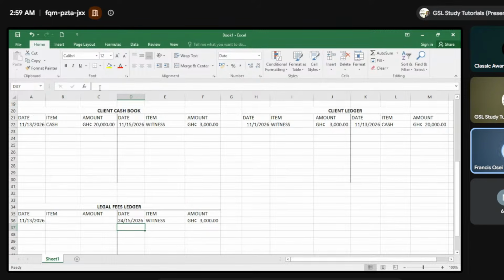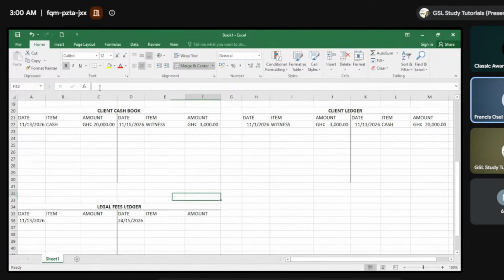Is that correct? Yes. So if we are paying 3,000 from Madam Fati's account, we are going to debit the client ledger and you credit the client cash book, right? Yes. Please, can you scroll to your client's ledger? Let me see.